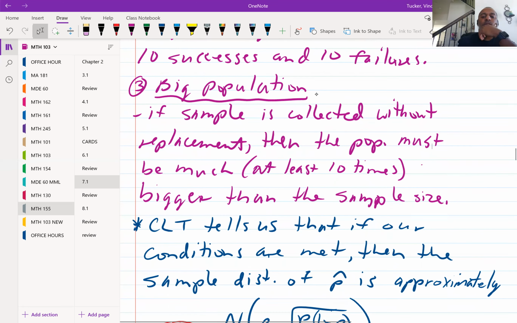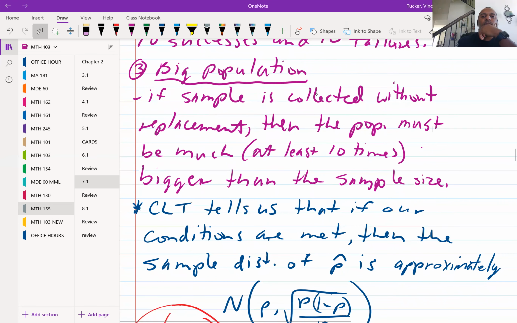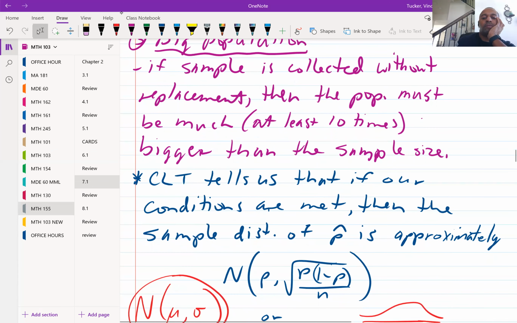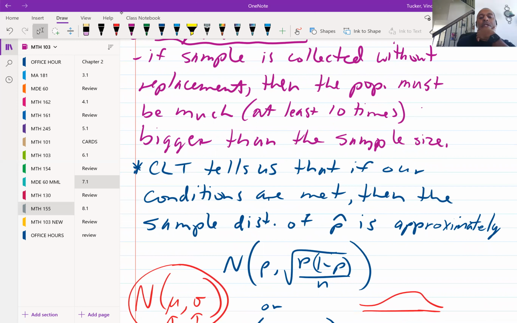Number 2, can I scroll up? All right. The central limit theorem tells us that if our conditions are met, then the sampling distribution of p hat is approximately normal, and we have p, well, in parentheses, it's just a notation of symbolism. I'll scroll all the way up before I describe it.